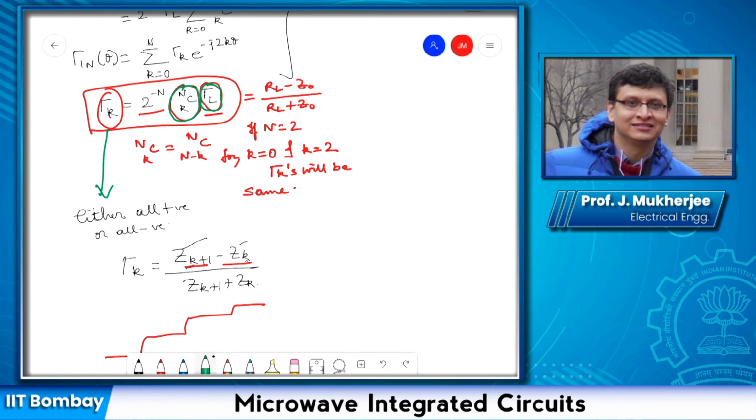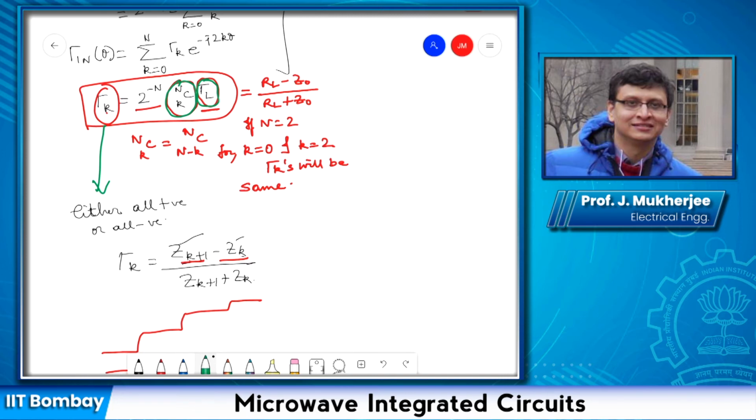So let us take n equal to 2 and write down all the equations. We will have k equal to 0, 1 and 2.